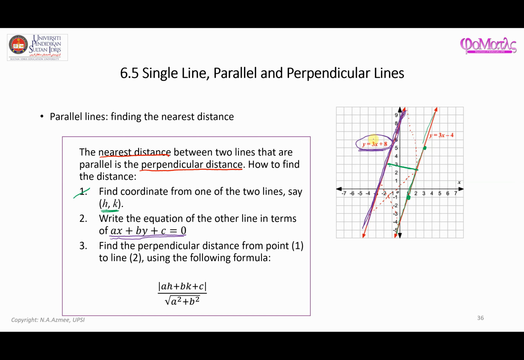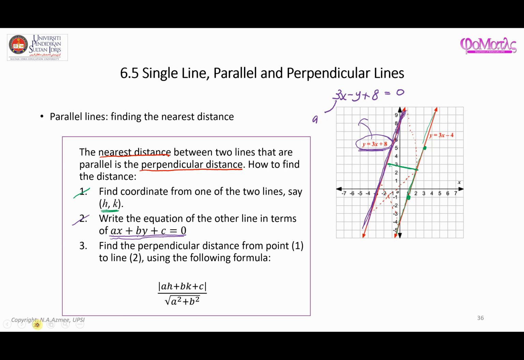We need to rewrite that as 3x minus y plus 8 equals 0, and based on that you can easily identify your a, b, and c. So a is 3, b is -1, and c is 8. That's the second step.